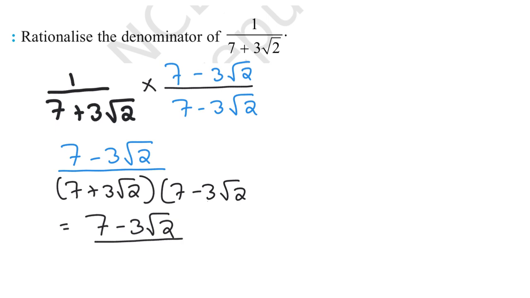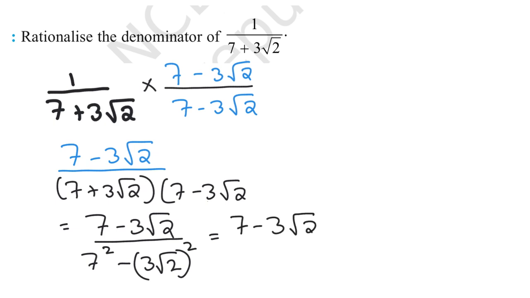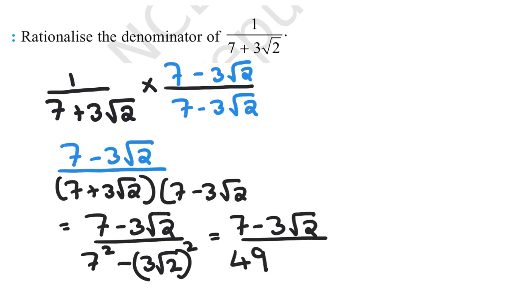The denominator is in the form a plus b times a minus b, which is a squared minus b squared, 7 squared minus 3 root 2 the whole square. So the numerator is 7 minus 3 root 2 over 7 squared is 49.